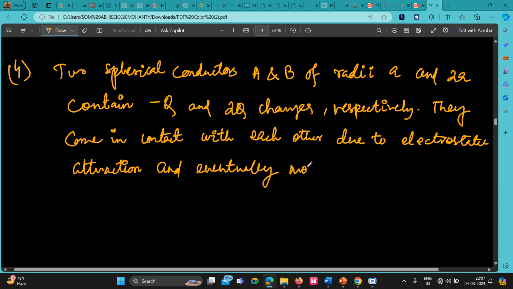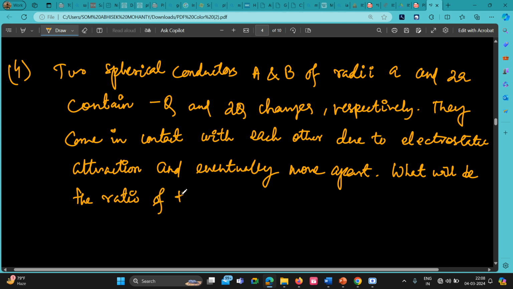Okay, what will be the ratio of the final charges on A and B?